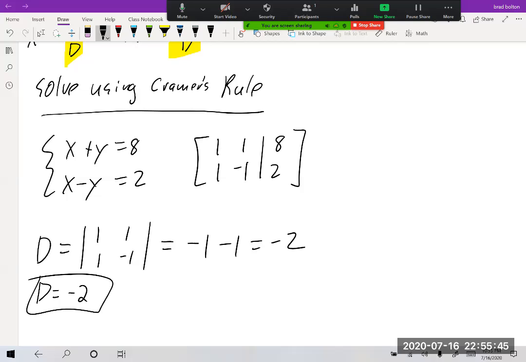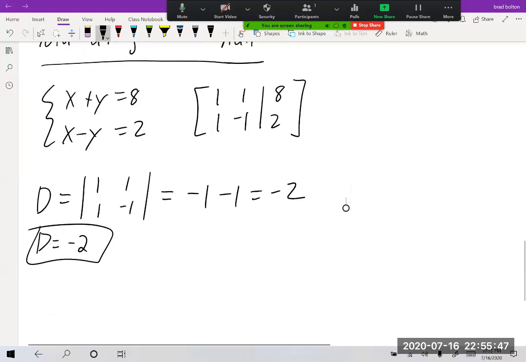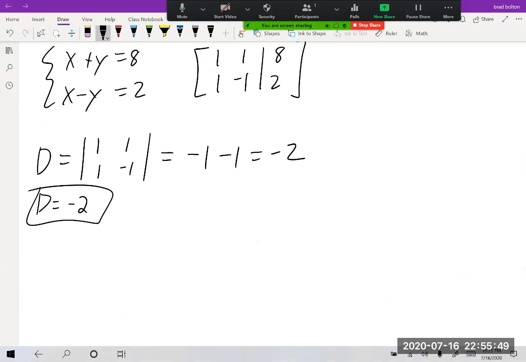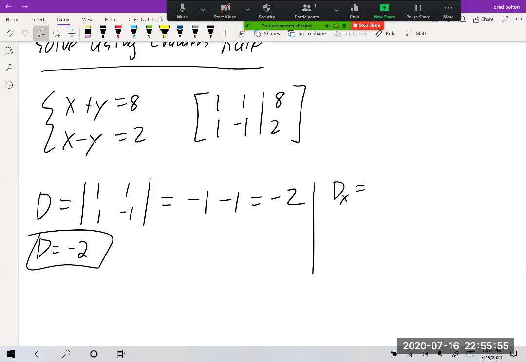Now we have to find D sub x. In order to find the determinant based on the x variable, we replace the x column in our matrix with the augmented portion. So this is going to become 8, 2, 1, negative 1.